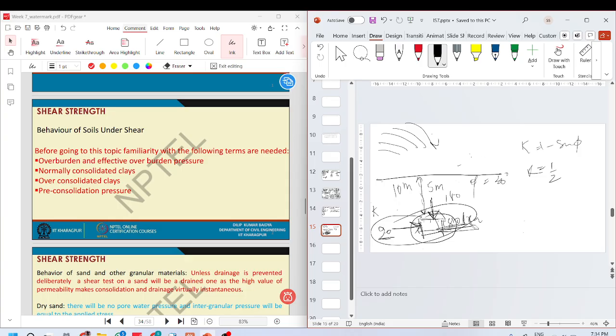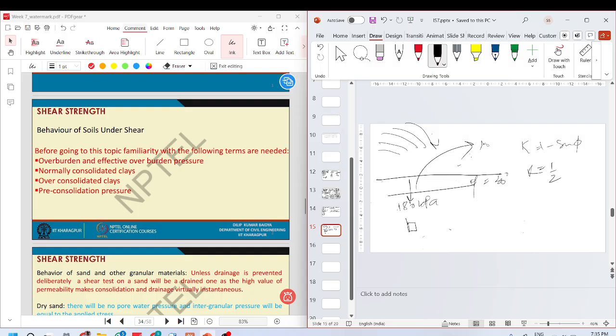Why will it remember? Because soil is not an elastic material. It's not like a spring that you compressed with 180 kPa and it got compressed, and then you took, let's say, 100 kPa back, and then it sprung back. It will not, it will remember.